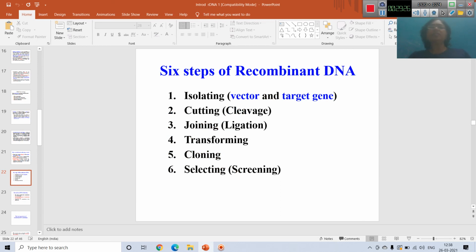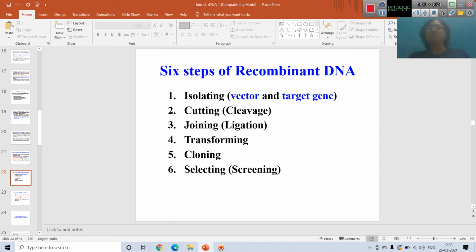So there are the 6 steps of recombinant DNA. First is isolating the vector and target gene. Then second is cutting or splicing the vector and the target gene. Then joining, means ligating the vector and the target gene together.